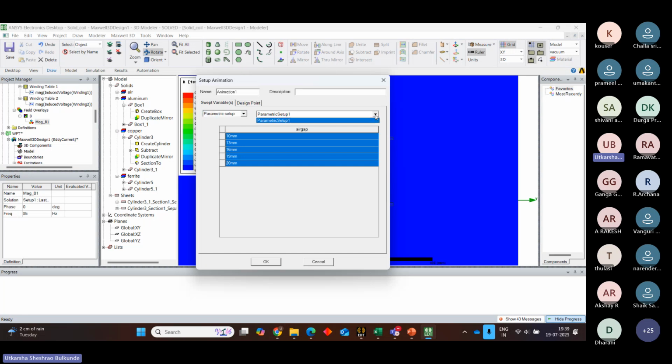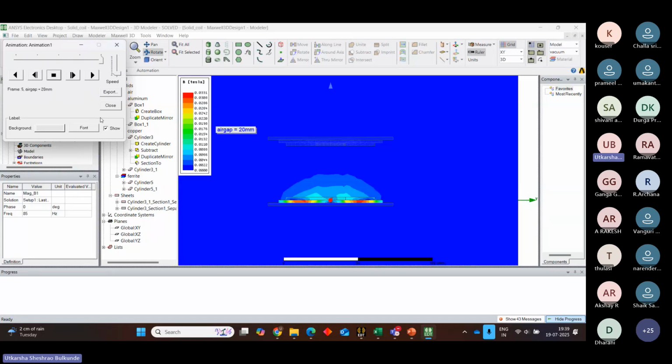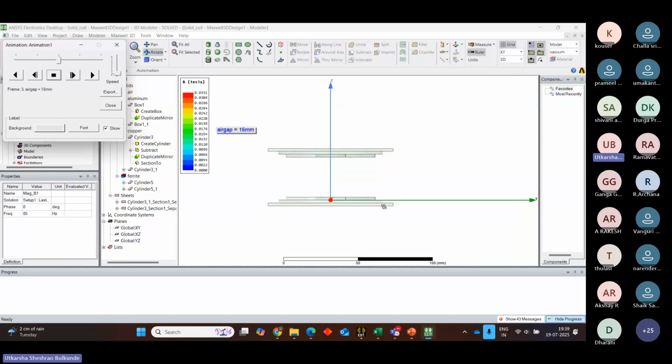Setup type. Okay, so we have not saved it for every air gap, right? That's why it is just showing for this 20 mm air gap. For this, we have to save it at every air gap.